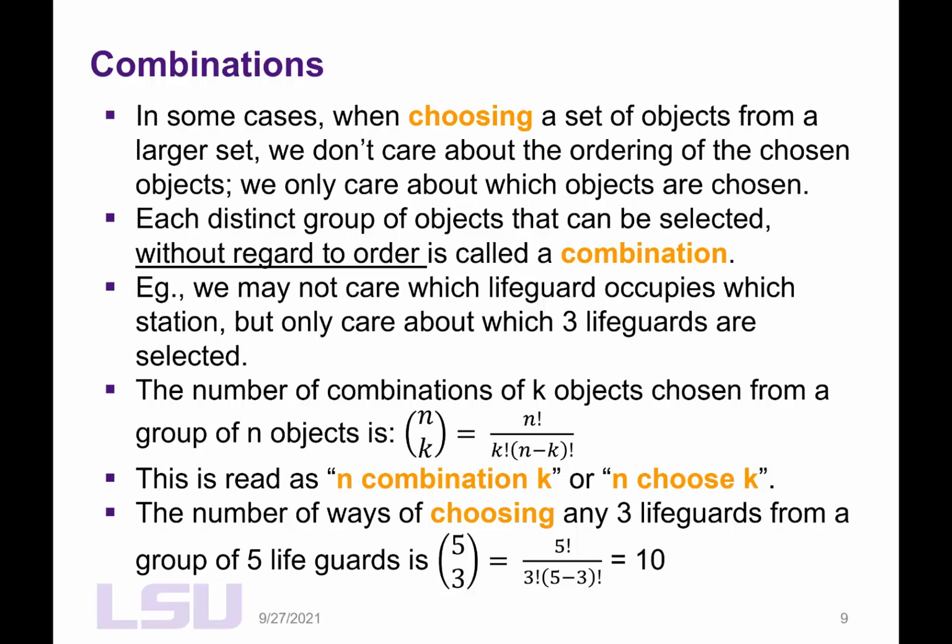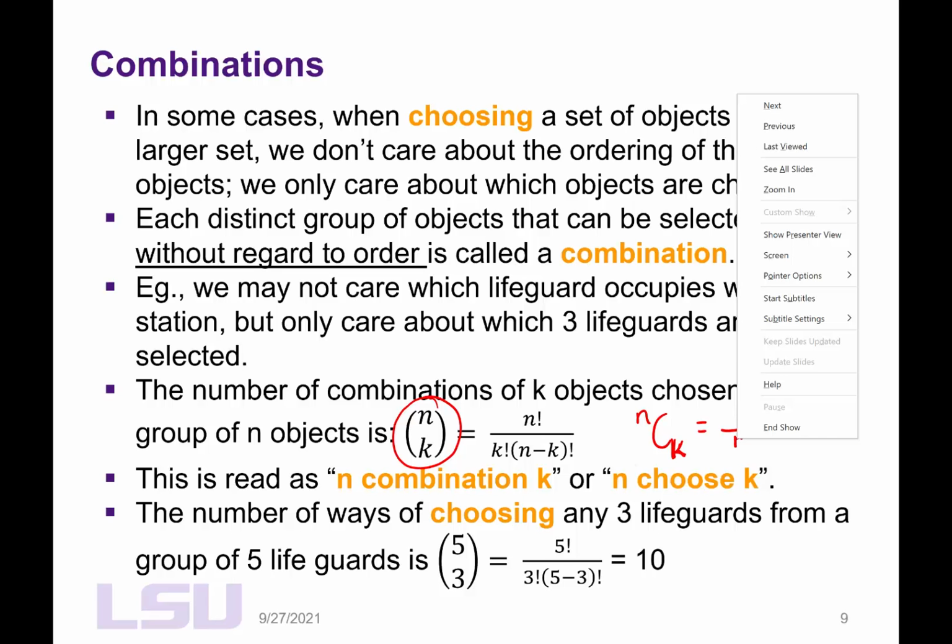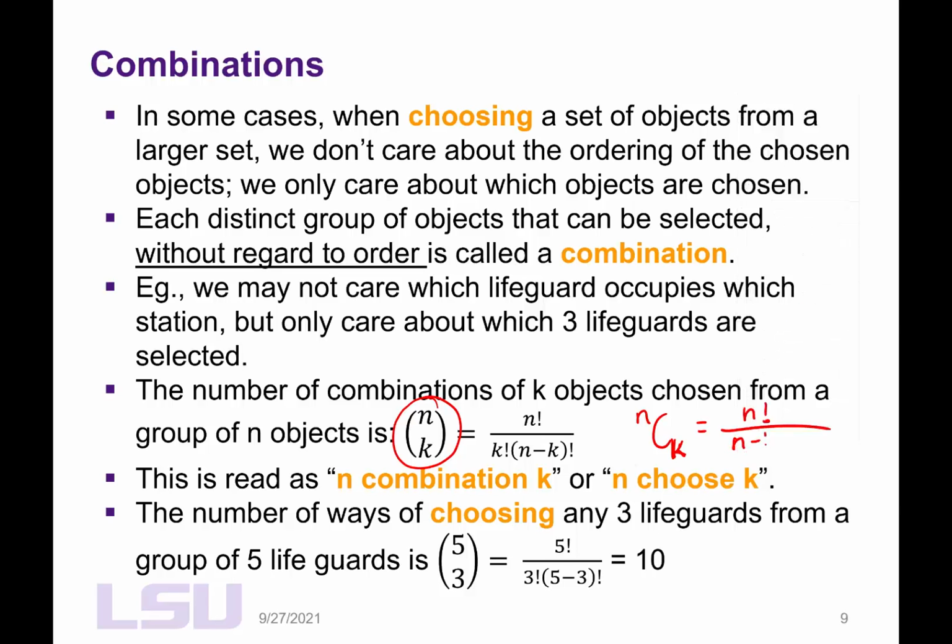And if we move on to combinations, I'll just jump to the final. I'll start from the end because it's related. This symbol is n choose k. So n combination k or n choose k, they mean the same thing. See, this is similar but different. For permutation, what we had was n factorial divided by n minus k factorial.